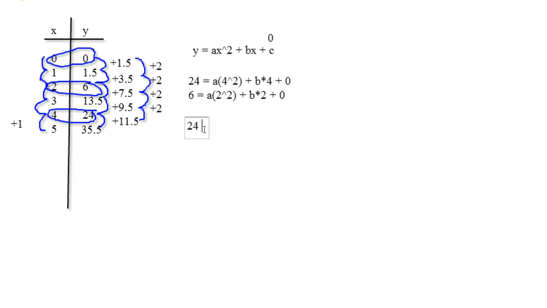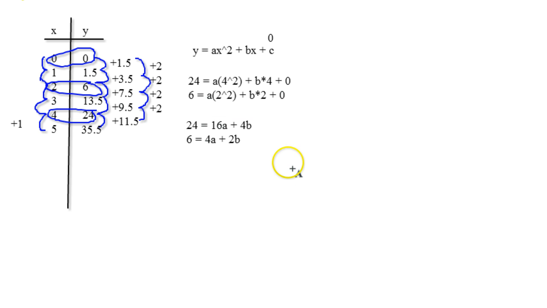So if you notice, I'm going to have 24 equals 16a plus 4b, and I'm going to have 6 equal to 4a plus 2b.